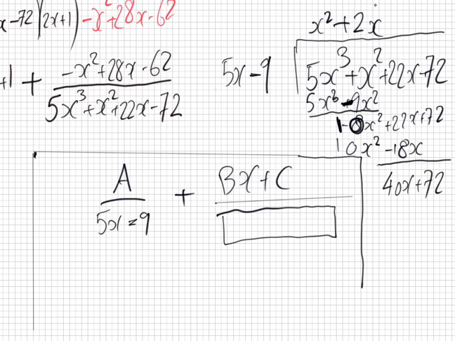So what do I need to finish? Oh, sorry. My minus turned into a plus. So what do I need to finish here? 8, I think. If I have an 8 here, 8 times 5, 40x, and then 8 times 9, 72. So the remainder will be 0, which is exactly what you want. So I have my answer. The quadratic that goes here is x squared plus 2x plus 8.